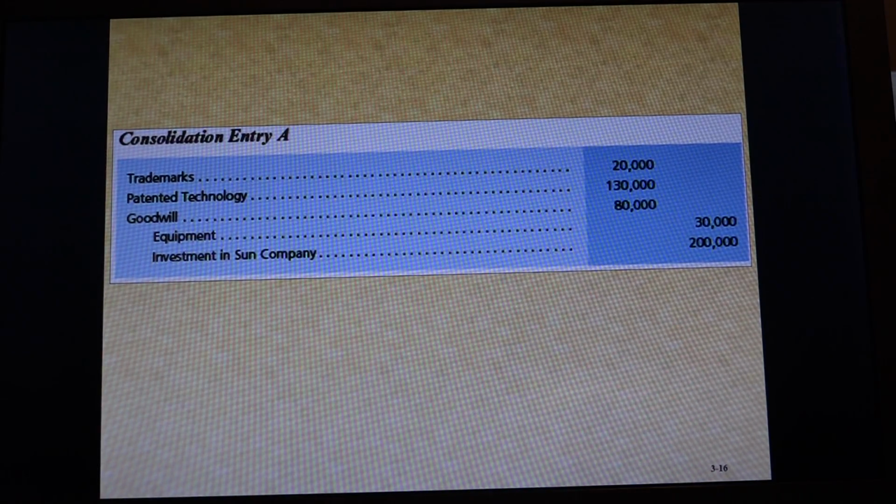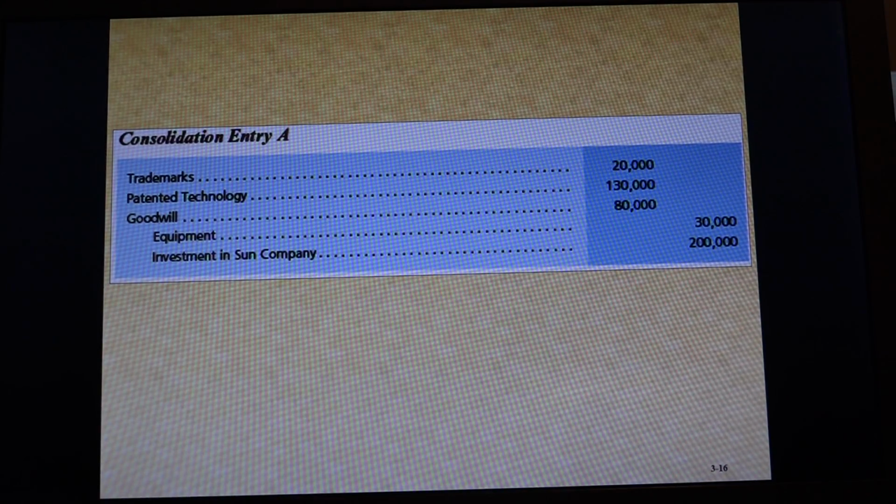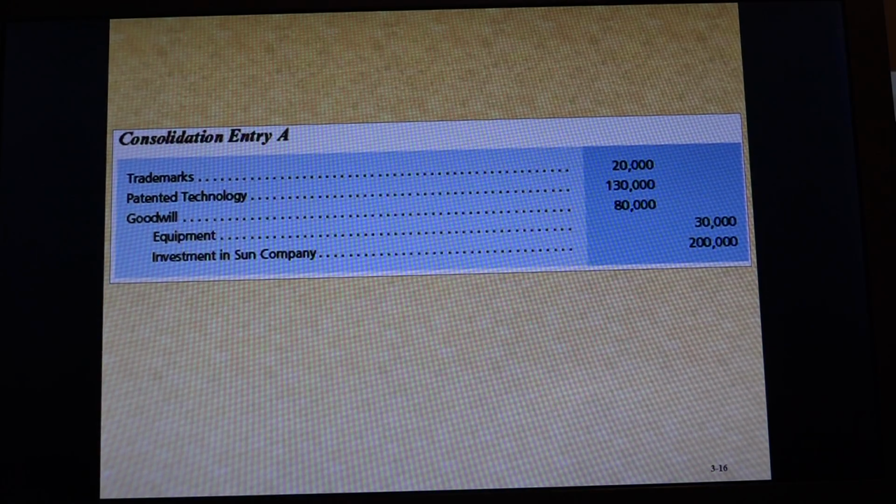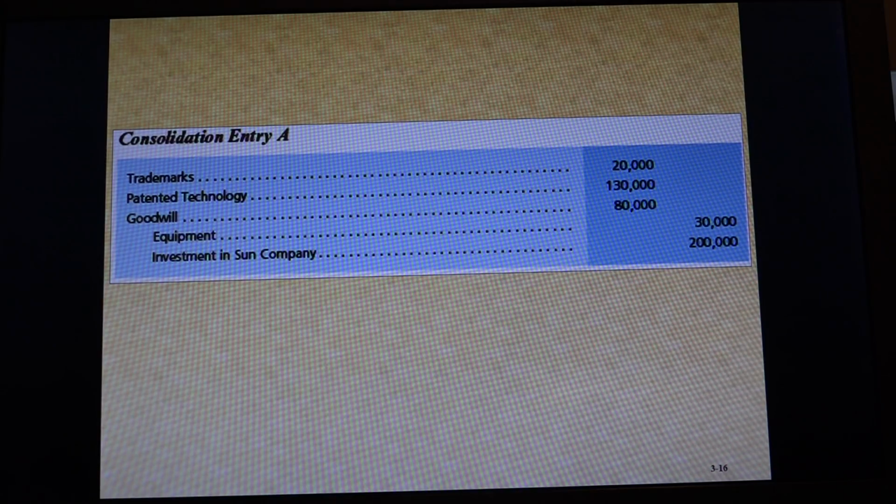All right, here's your entry A. And so you're adding to the sub's assets the fair value over book value. And note here that in the case of the equipment, you're actually reducing that by crediting equipment.